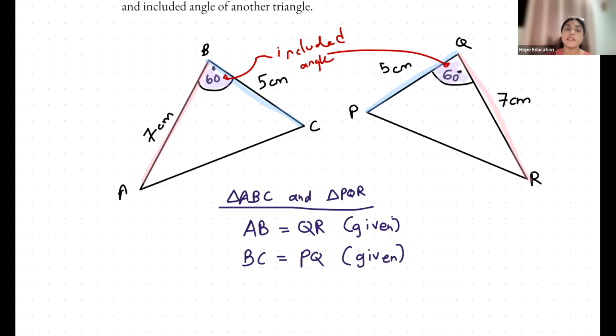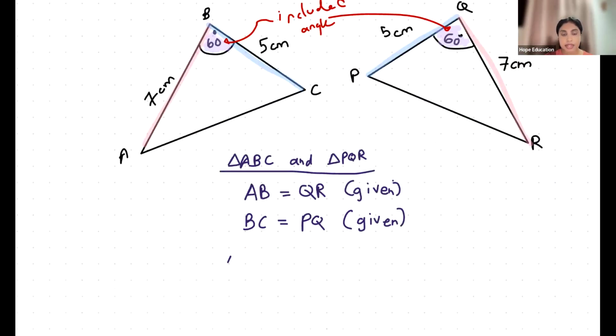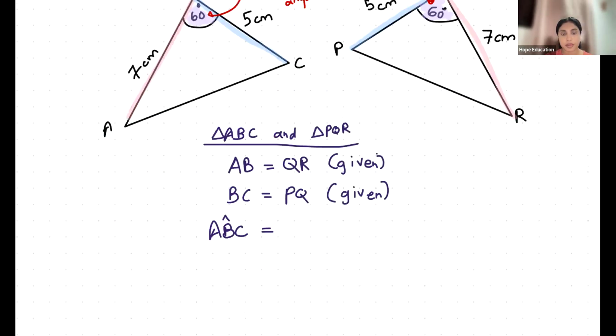Okay. Then this 60-degree angle, what is it? ABC. So here, angle ABC is 60 degrees. Here, angle PQR is also 60 degrees. Therefore, they are equal. Again, I gave the values. So you can write the reason as given.